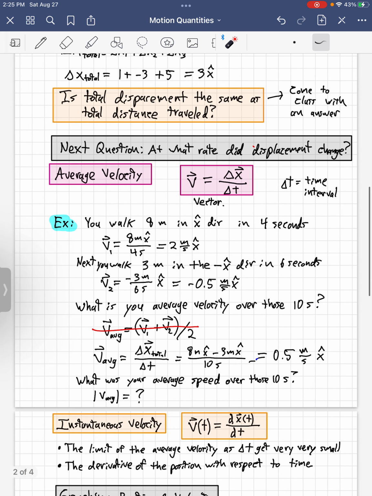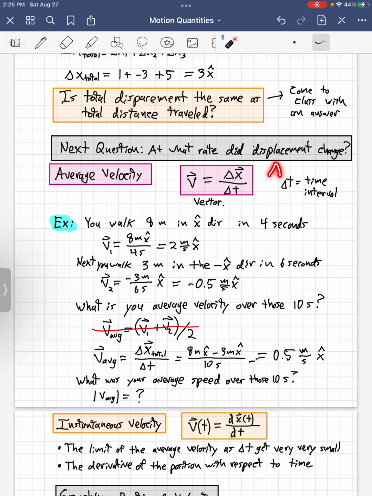Next question. So we're talking about displacement, but now we're going to talk about how long each displacement took. So now we're going to be talking about velocity. So the average velocity is what we're going to talk about first. The average velocity is over a certain time interval we call delta t. And again, we're using this symbol delta, right?